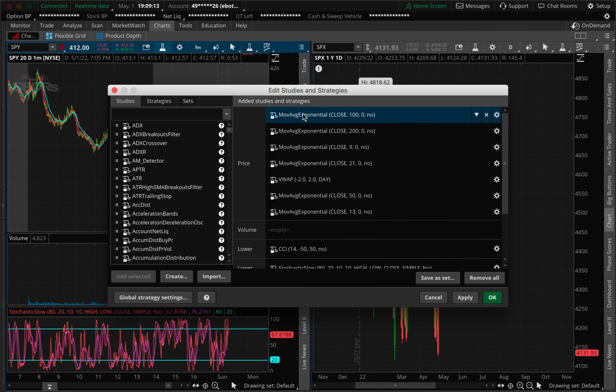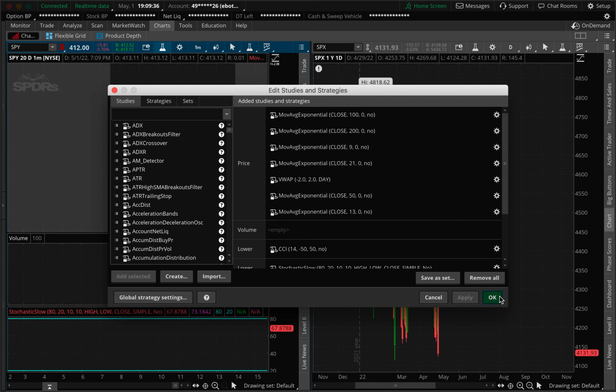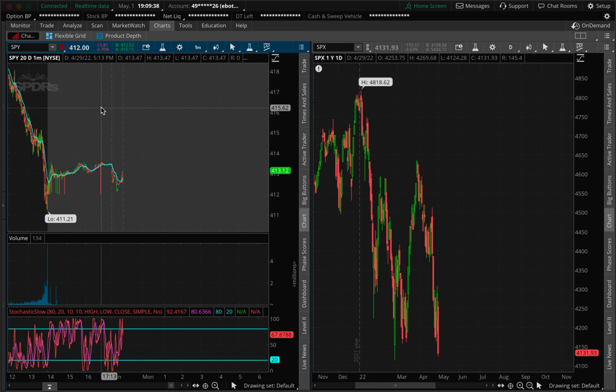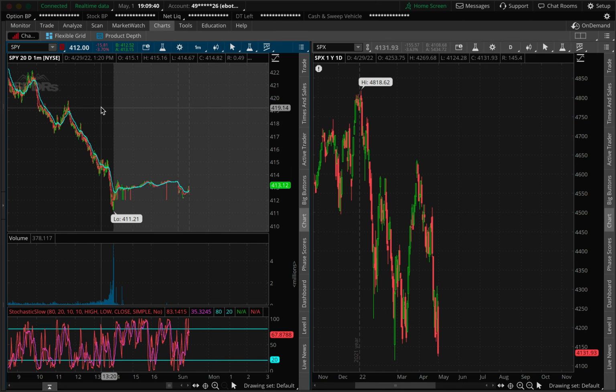I do look at the 200, the 50 and the 100, but those are more for larger time frames and seeing where the overall market is moving. For example, when I start charting out my stuff tonight, I'm going to see where the market is overall moving, so I'm going to add in the 200 and probably the 100. Anyways, yes, the 9 and 21 EMA alongside the stochastic slow.